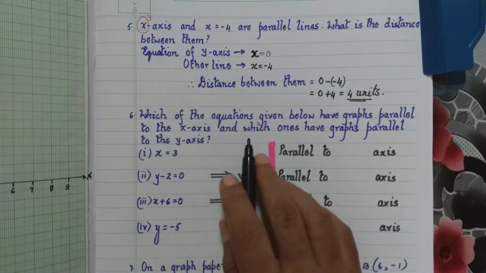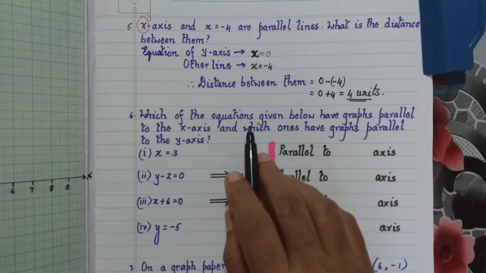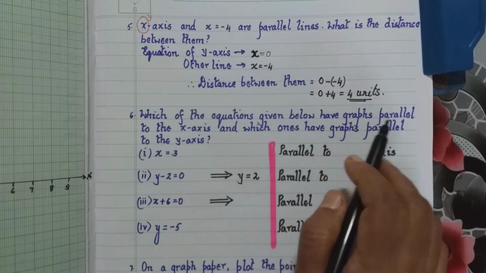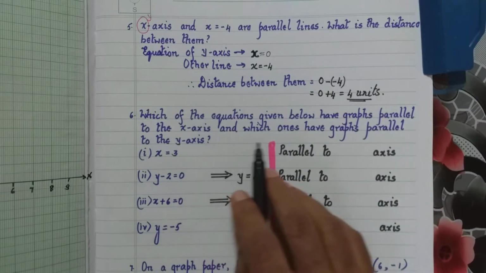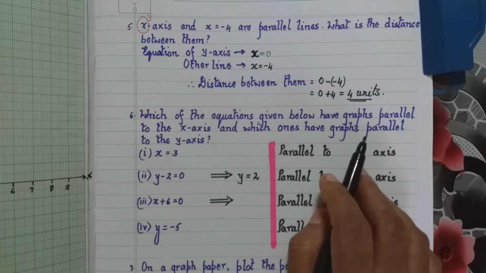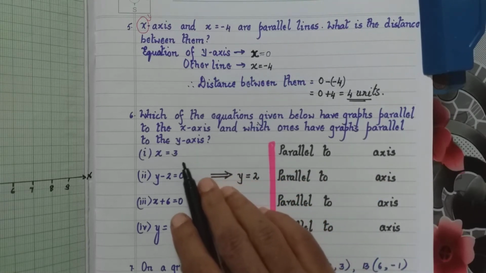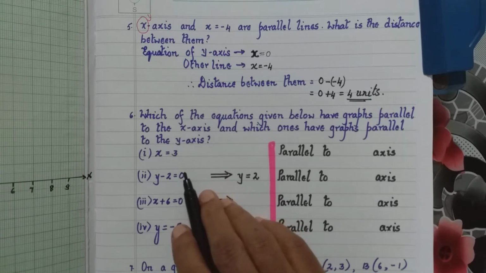Now coming to the sixth question. Which of the equations given below have graphs parallel to the x-axis and which ones have graphs parallel to the y-axis? Now here we have the equation x equal to 3.